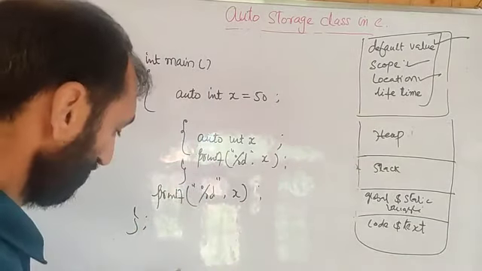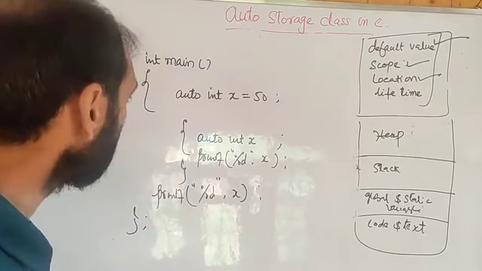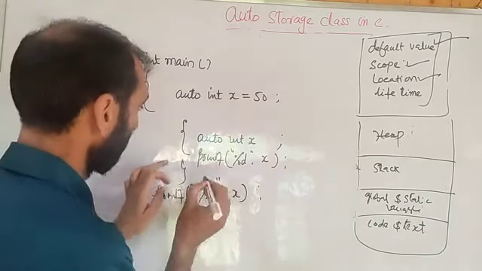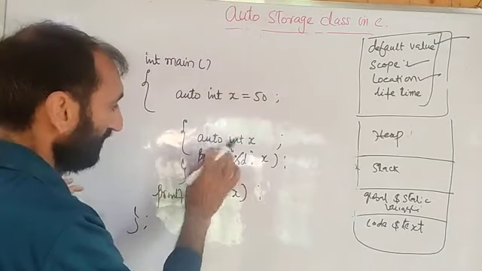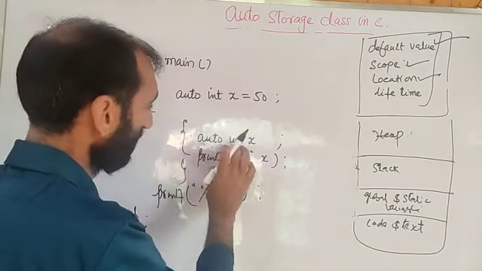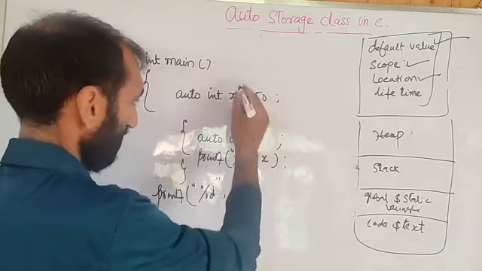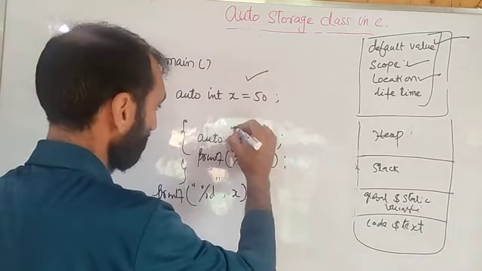So what would happen here? I have declared int x equal to 50, and here I have also declared another variable, auto int x. Here I have not initialized this.